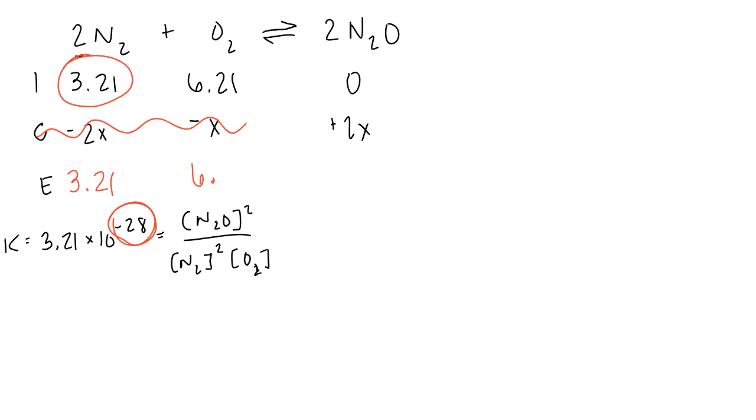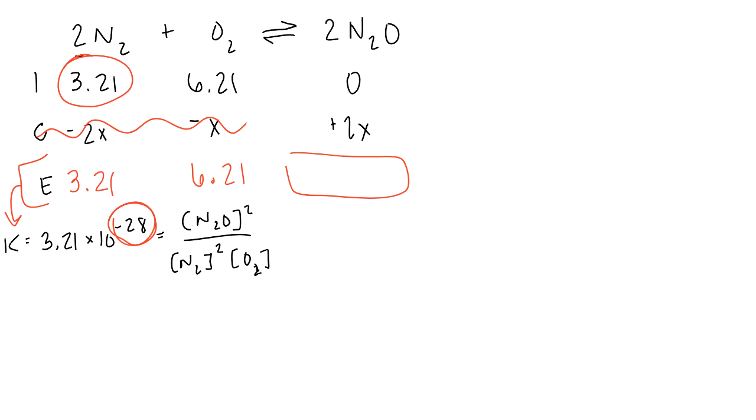Because we got rid of those minus x factors, our initial and our equilibrium are equal to each other. But we still have plus 2x for our dinitrogen monoxide, and we need to figure out what the value of x is so that we can find our equilibrium pressure.